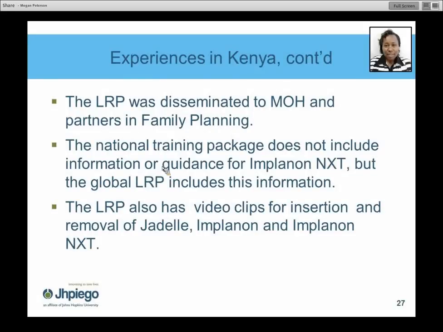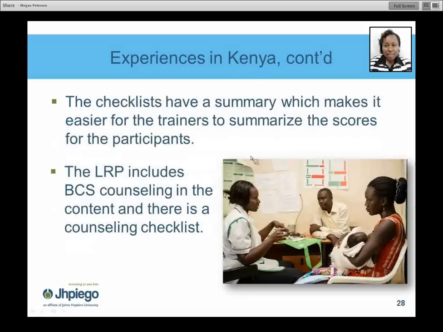Our national training package does not include some of the information in the learning package, and the learning resource package has helped us update on implants, Implanon NXT, and we've also benefited from the video clips added into the package on insertion and removal of Jadelle, classic Implanon and Implanon NXT.